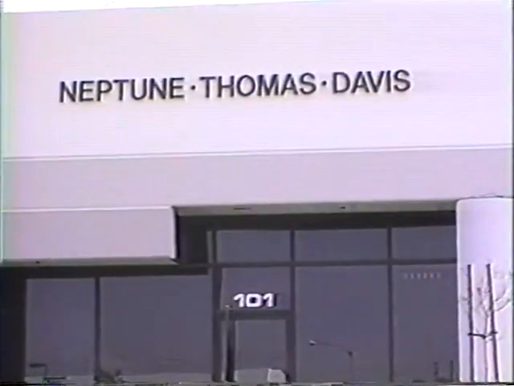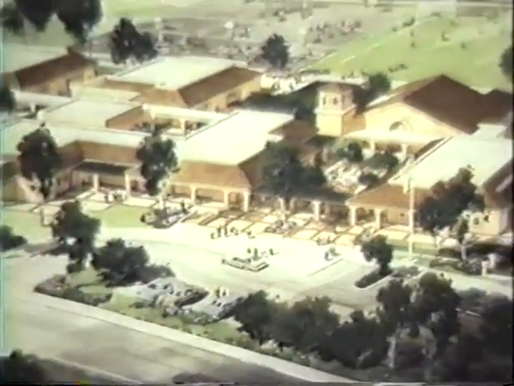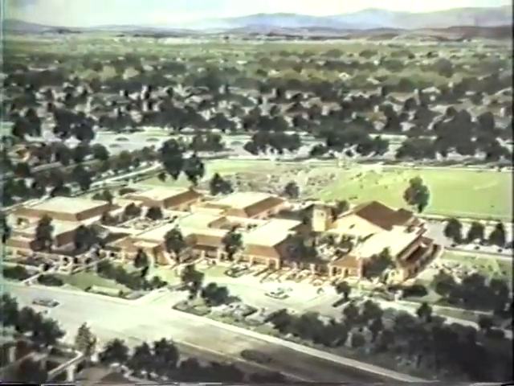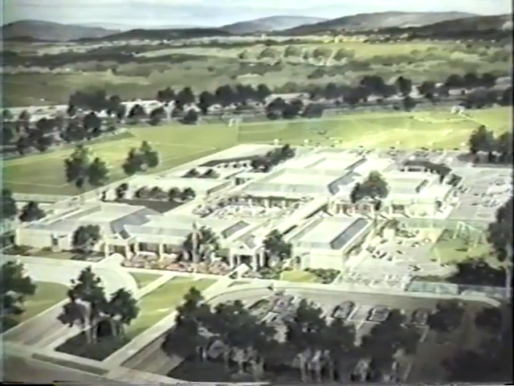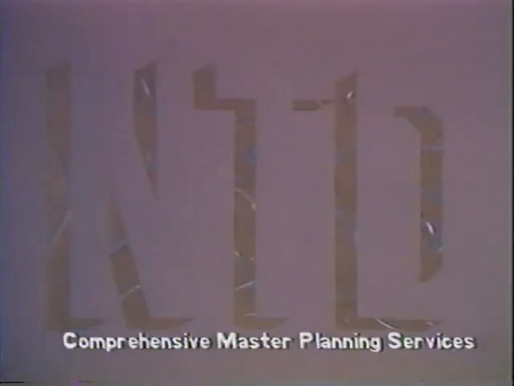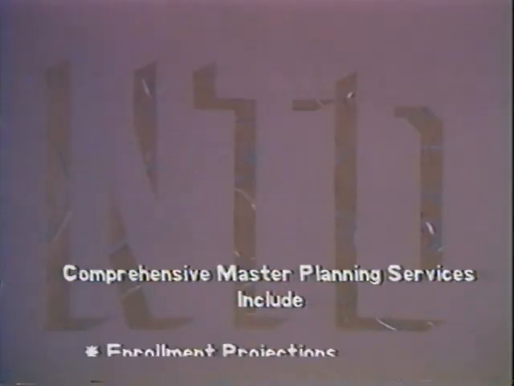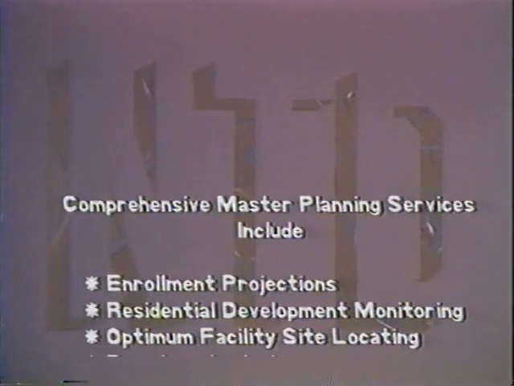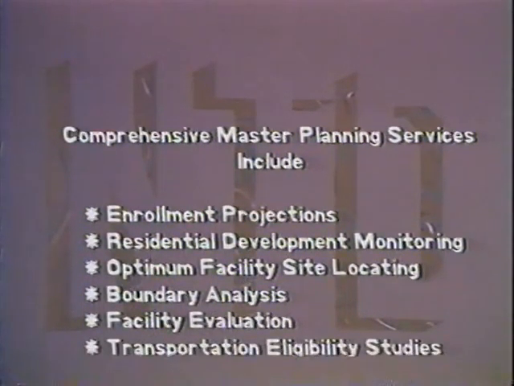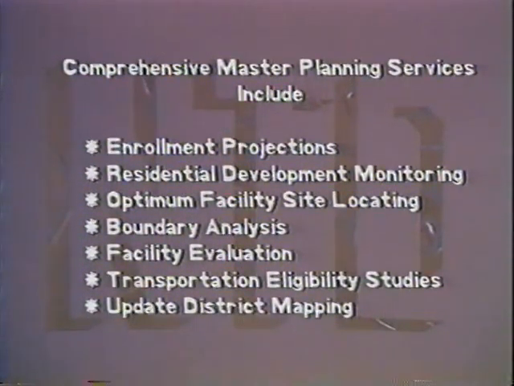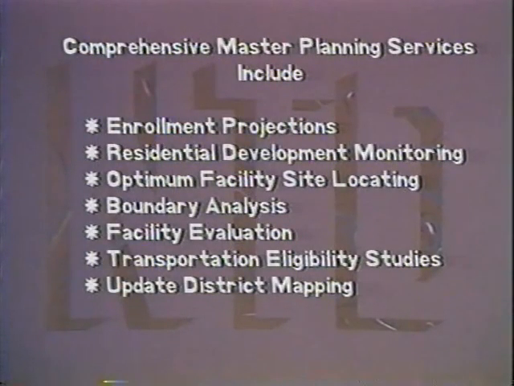Neptune Thomas Davis has been able to utilize its planning and GIS expertise in a variety of district projects. Using a flexible and open system, Neptune Thomas Davis GIS allows the firm the ability to provide a wide variety of planning information and studies. Using numerous existing and compatible digital data sources, the firm is able to immediately begin creating useful information for each school district.